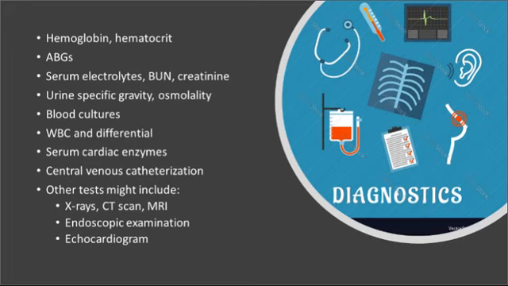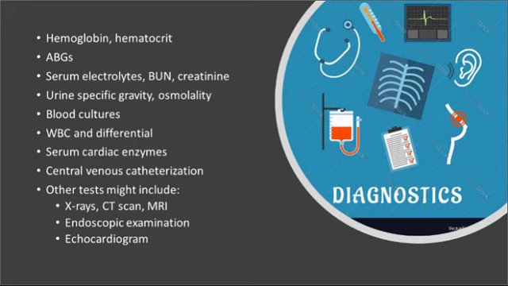Then your diagnostics. Just like with sepsis, you look at hemoglobin, hematocrit, blood gases, electrolytes, BUN, creatinine, specific gravity. Here you're looking at blood cultures because is it sepsis? I don't know that I mentioned blood cultures, white blood count and differential in your sepsis, because those should be part of that, because what is growing?